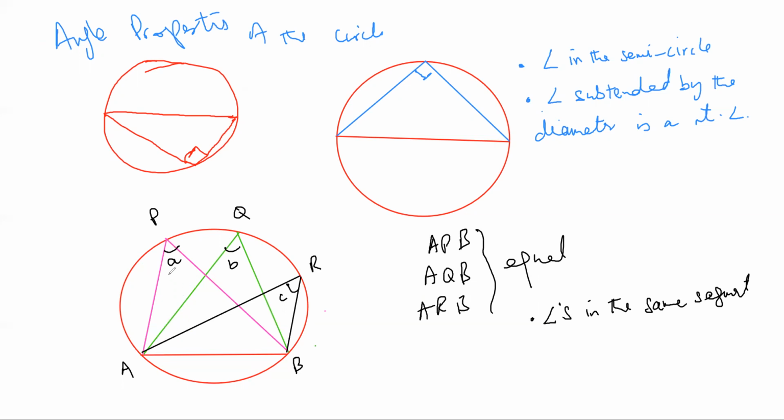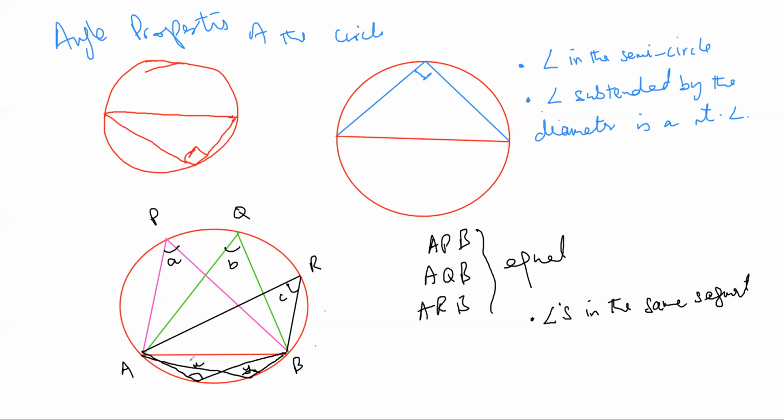So whenever you see angles like this, for example, you have an angle here, let's say angle X, and there is another angle over here, which is Y. So the angles X and Y will also be equal to each other because they are in the same segment.